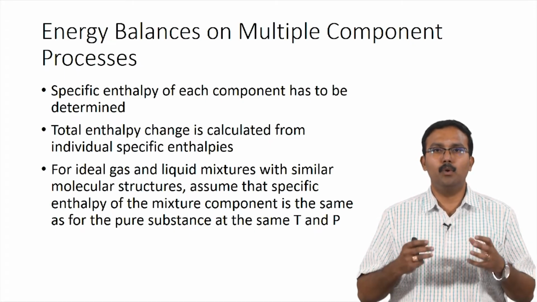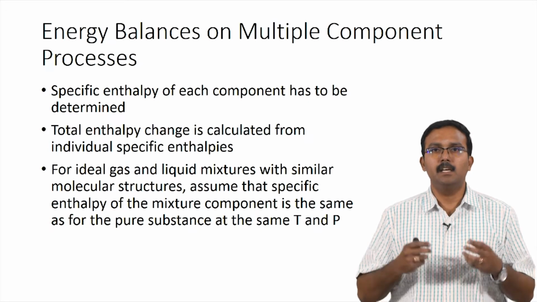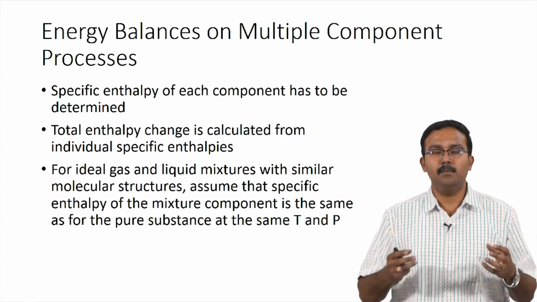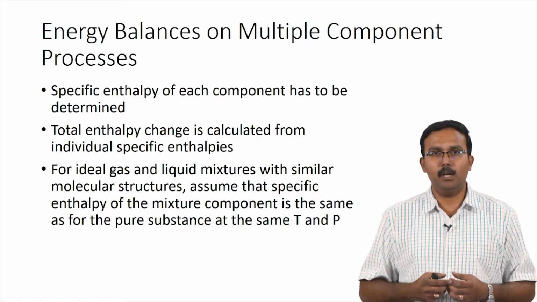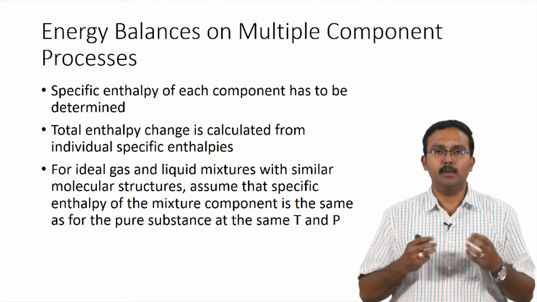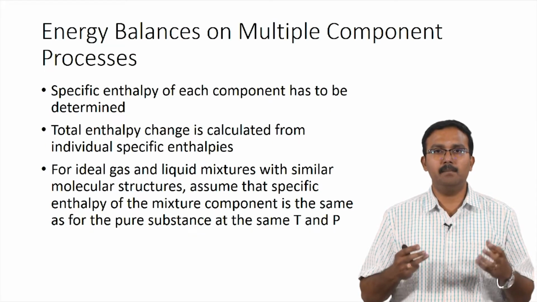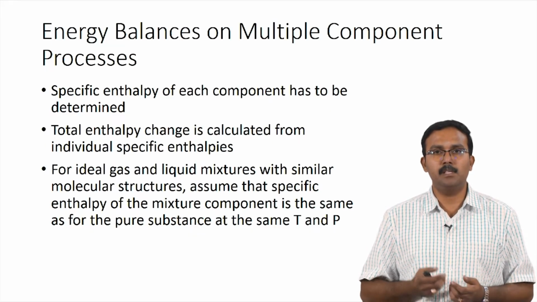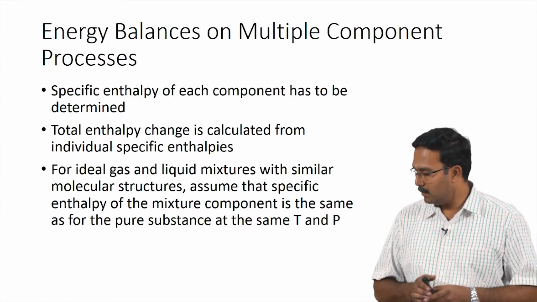This is true only under ideal conditions. If there is a non-ideality where there can be interactions between the molecules which are present in the mixture, this assumption will not be valid. So, initially we will start with ideal mixtures and solutions to perform these calculations.